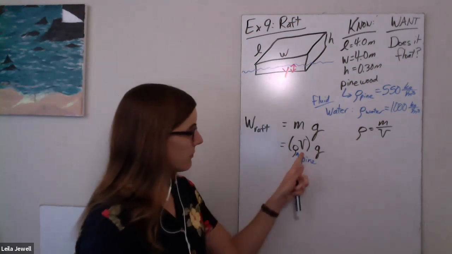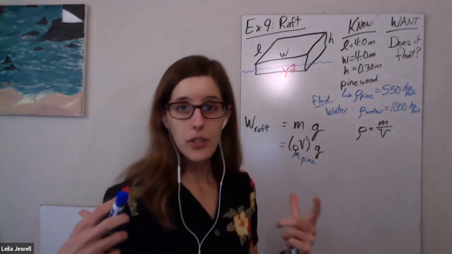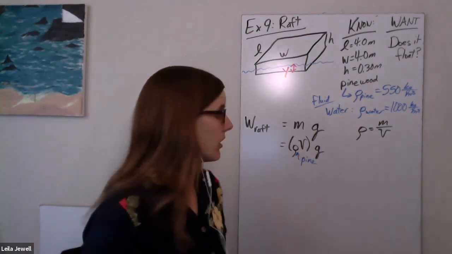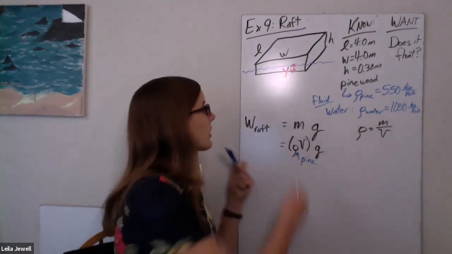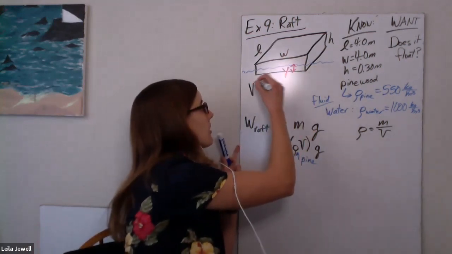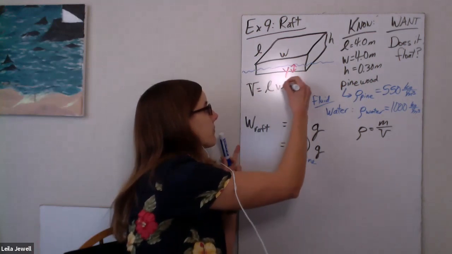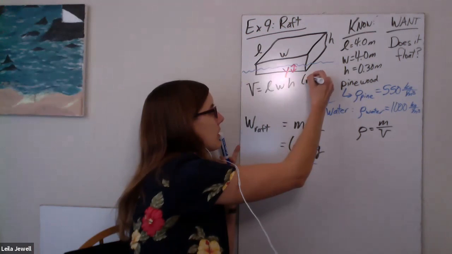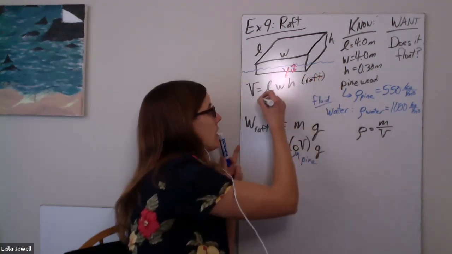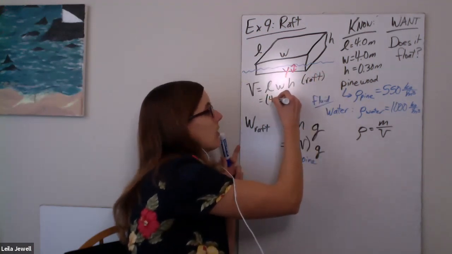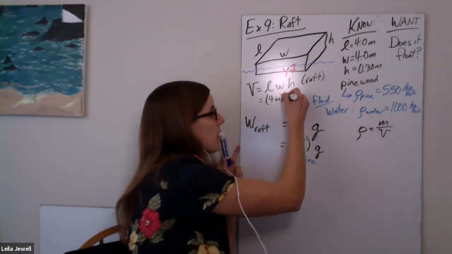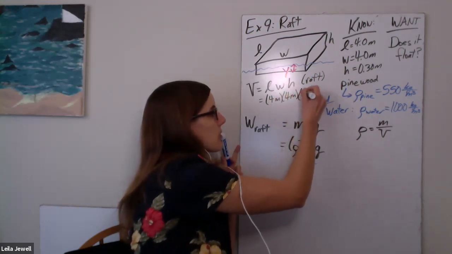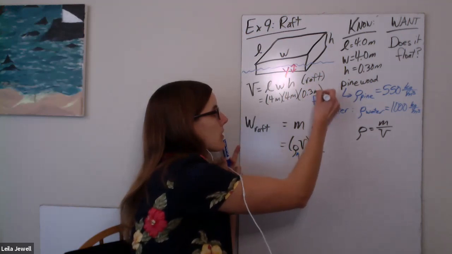For the volume, this is going to be the total volume of the raft, right? So we could calculate that with our length times our width times our height. And this would be the volume of the raft. So we could plug that in, 4 meters times 4 meters times 0.3 meters.